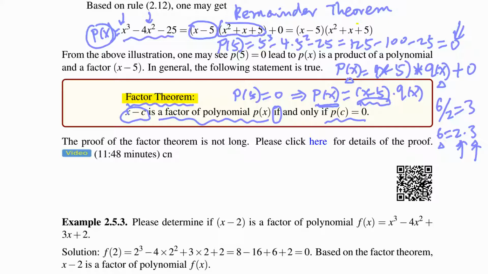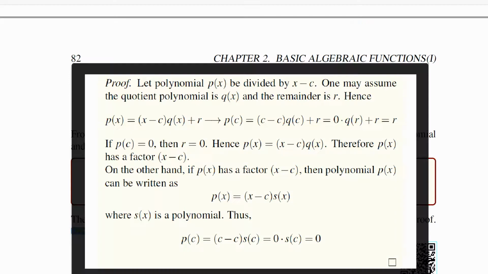Okay, if you want to see the general proof, it is right here. If you have p of c equal to 0, then you have p of x equals x minus c times q of x. You do not really need to write out how q of x looks. You can just claim x minus c is a factor.